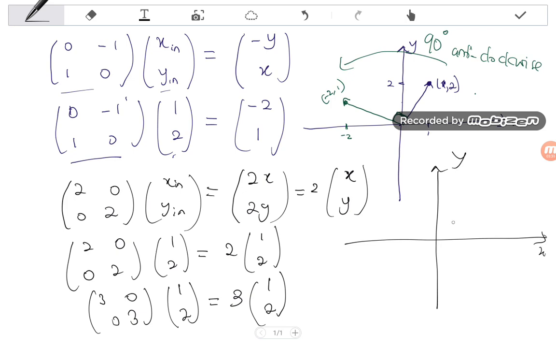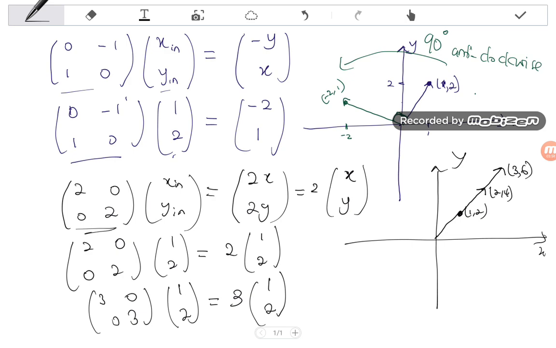If this were to be our first vector, 1, 2, then the second is being stretched out by a factor of 2, so this is going to be 2, 4, and the third is being stretched out by a factor of 3, so this is going to be 3, 6.